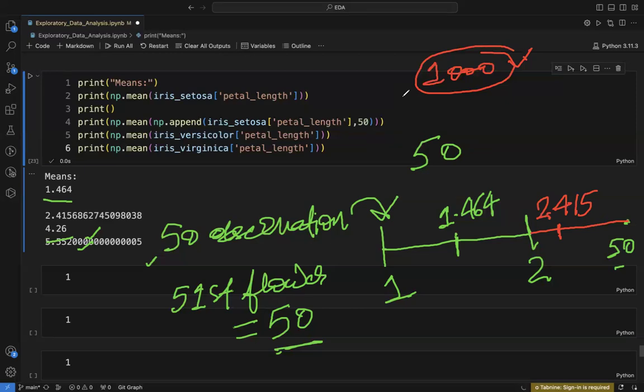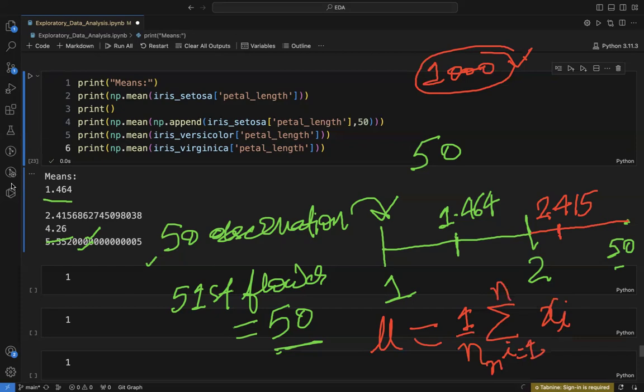So having understood what mean is, what is mean telling us? Mean is basically telling us the central tendency. My simple mean is written as 1 by n, summation of x_i, i equals 1 to n.